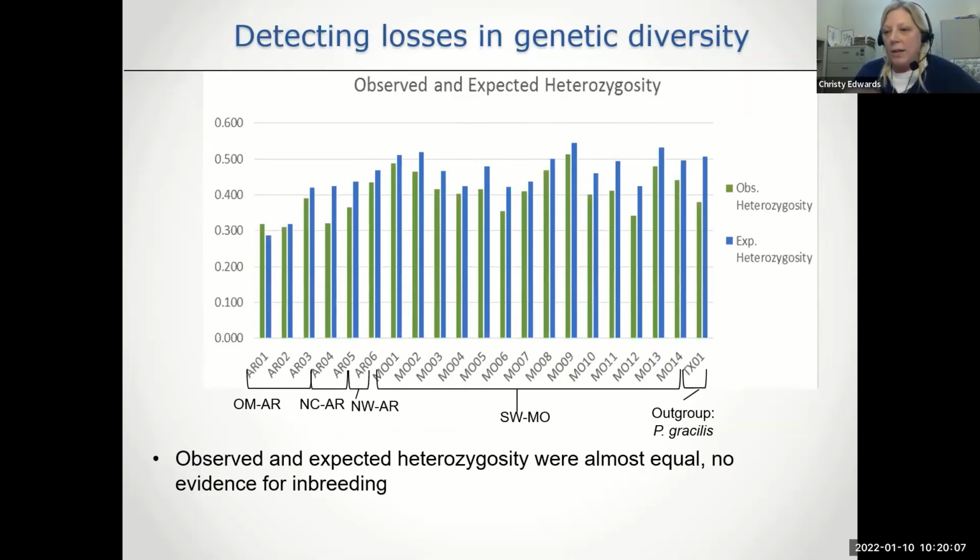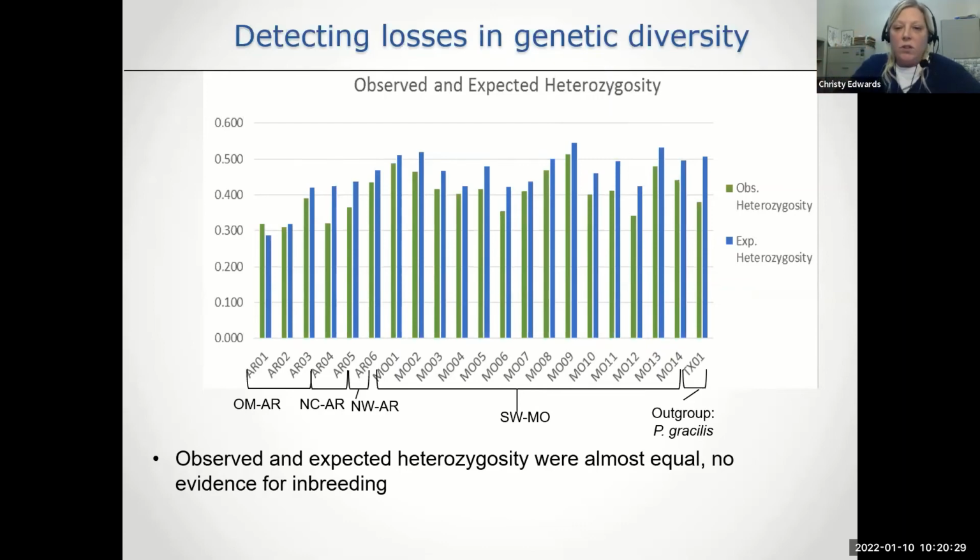These are indications that populations may be at risk or declining, so it's a way to measure population health or resiliency. If we find that one of these processes is occurring, then we can target that population for management, translocations, or augmentations.